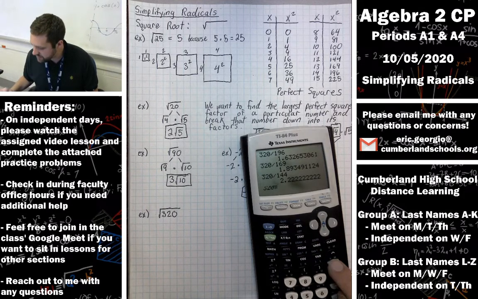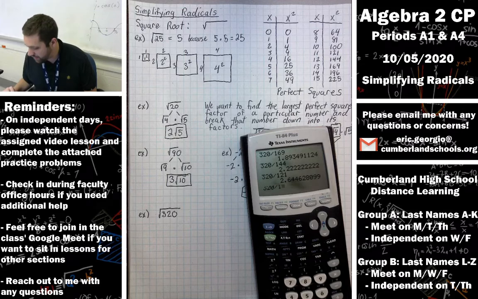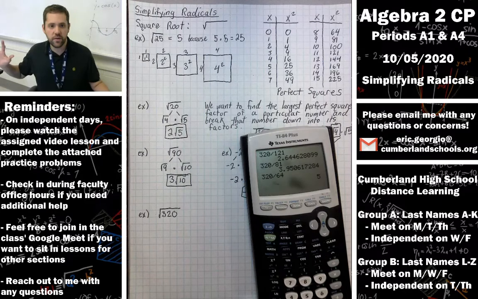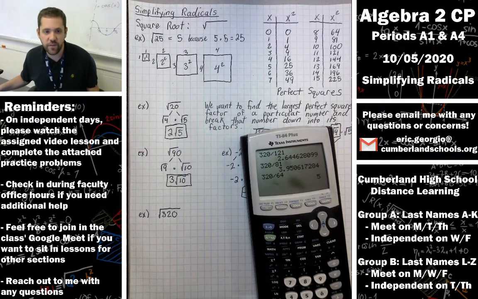320. It's a little tedious, but divided by 121? Nope. 320 divided by 100? Well, obviously not work. We actually don't even need to check that. Divided by 100 will give you definitely a decimal. So let's go down to 81. That'll give us a decimal. 320 divided by 64. Oh, we found one. 320 divided by 64 is 5.